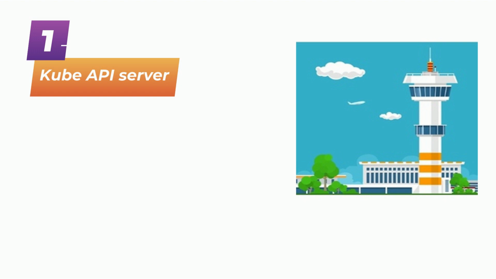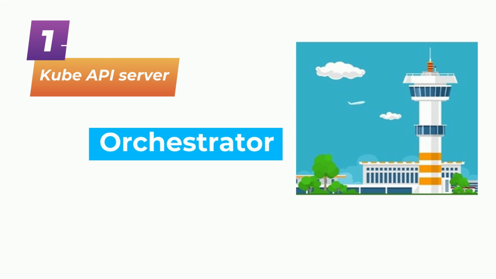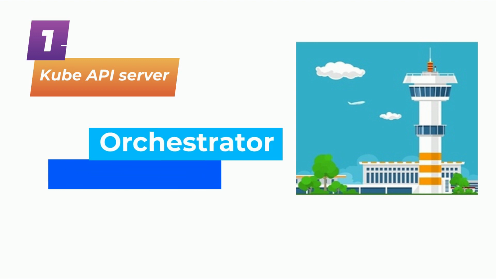Let's take an example of a working airport to understand these control plane components. Just like the air traffic control tower, which is one of the primary components that enables seamless arrival and departure of flights, the Kube API server is the primary management component of Kubernetes. It is responsible for orchestrating all operations within the cluster.